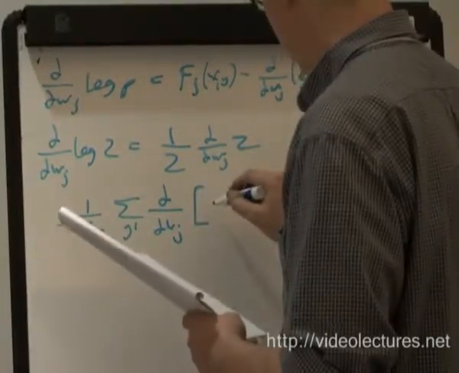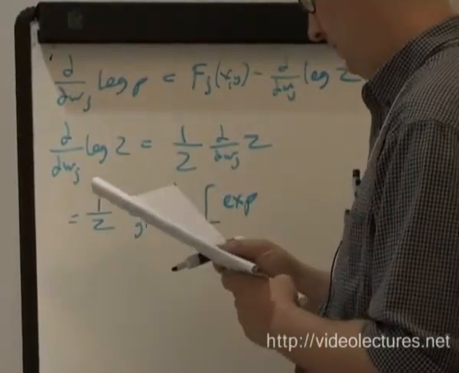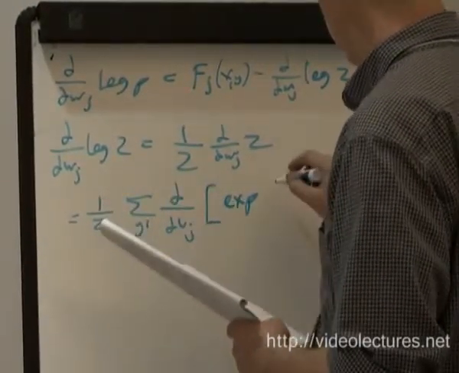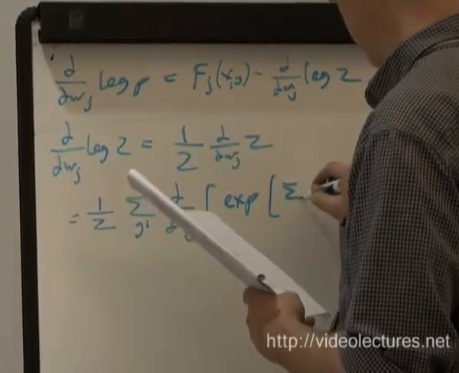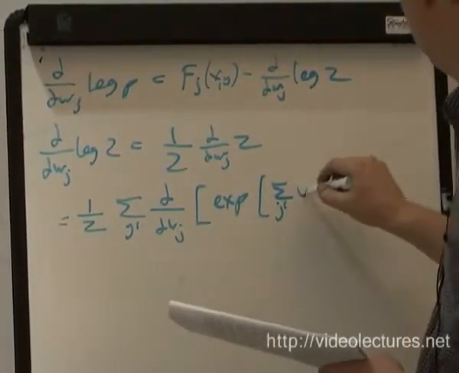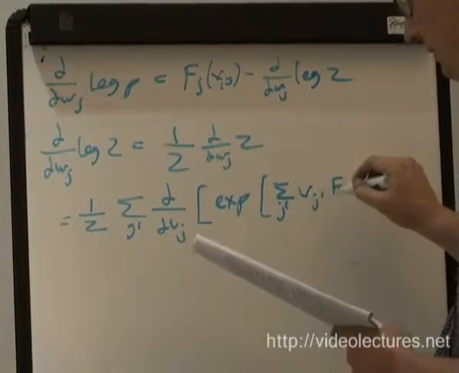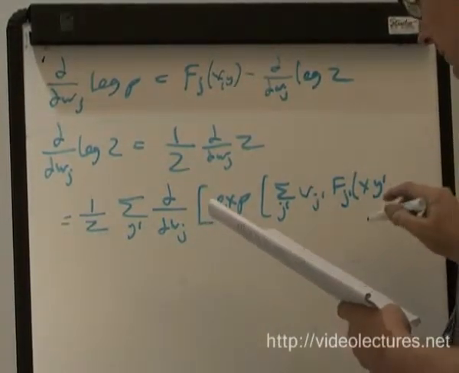inside here we have an exponential over sum over j prime, wj prime, fj prime of x and y prime.